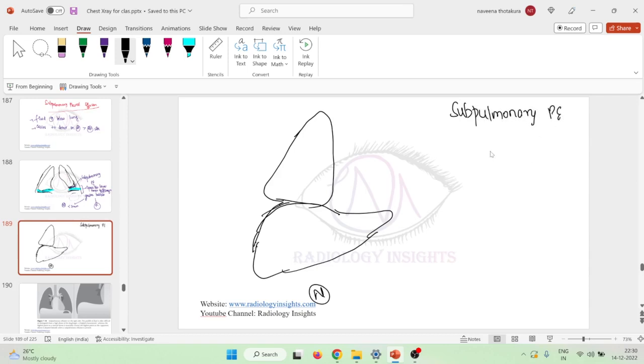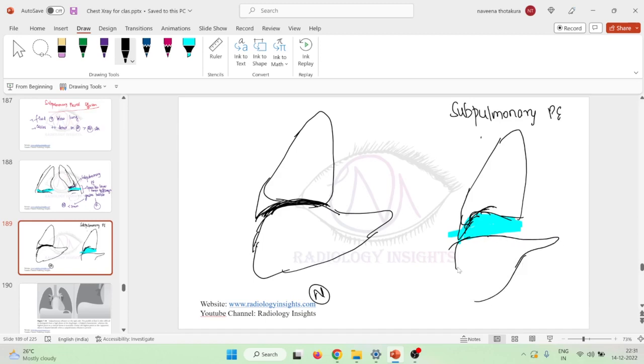Here is the lung, and the liver is normal, but there is fluid present between the lung and the liver, and as a result the border looks something like this. That means the normal dome of diaphragm is altered here.